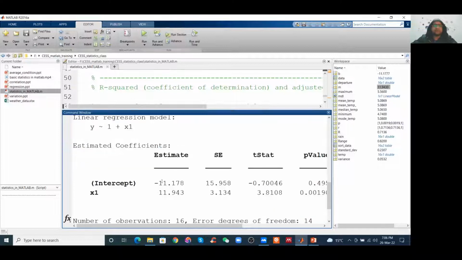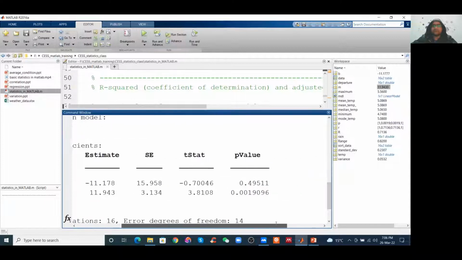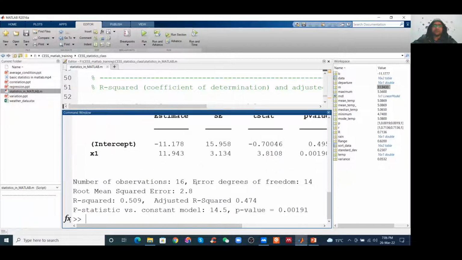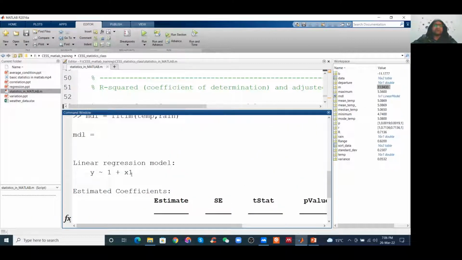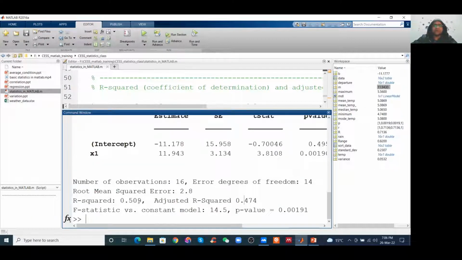It shows the estimated coefficients, intercept, standard error, T statistics, P value, and so on. The number of observations is 16. The root mean square error is 2.5, R square is 0.50, and adjusted R square is 0.47, along with the F statistic. So when you fit the model, you get the R square and even the adjusted R square.